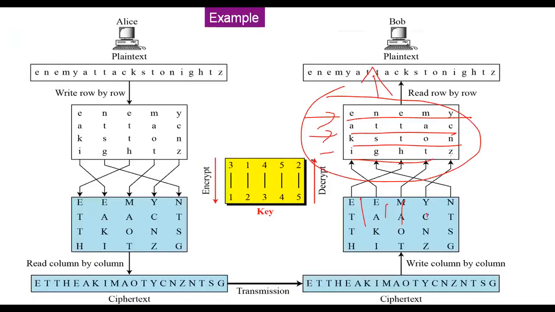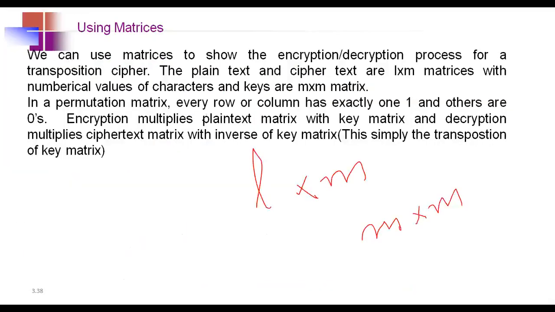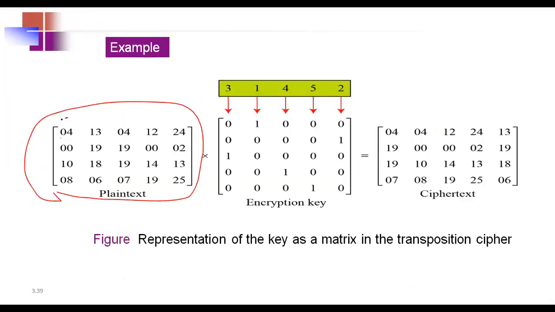As an example, our plain text is enemy attacks tonight. E is the first character, so E has its equivalent integer value. N, its equivalent value is 13. Then E again 4, like that. These are the character values as per our integer assignment.